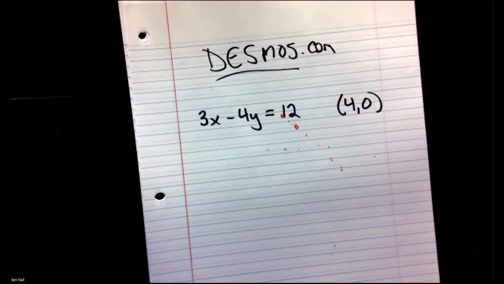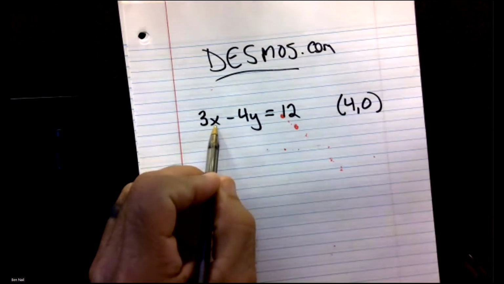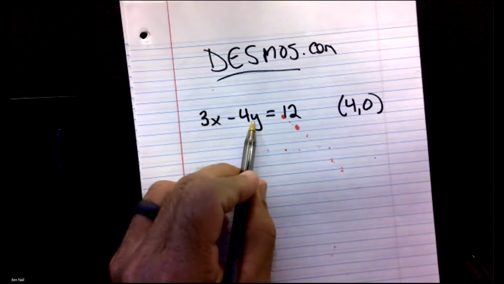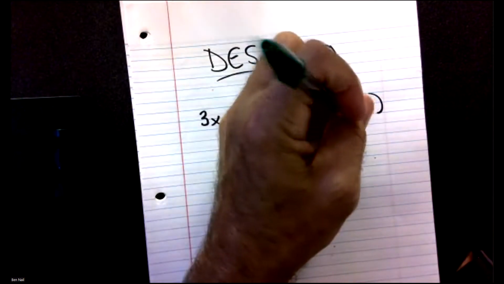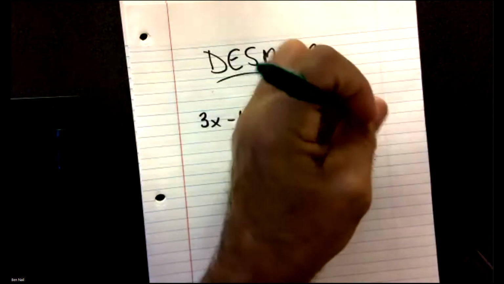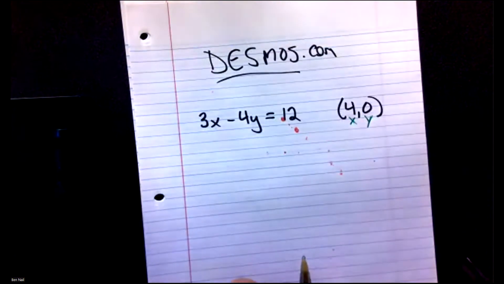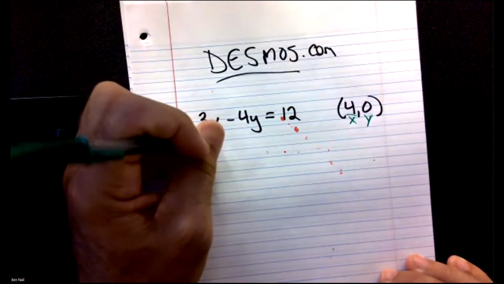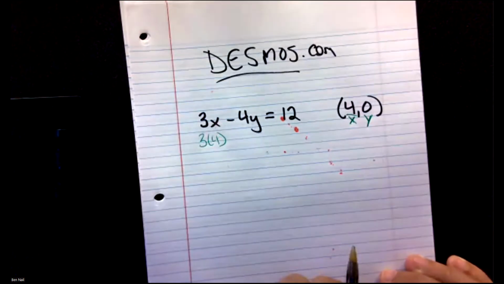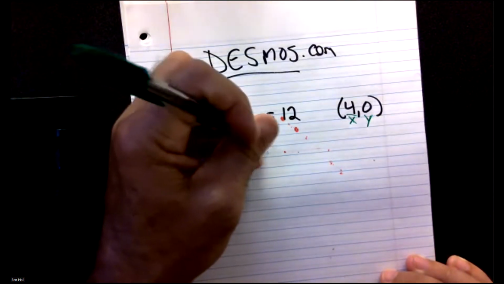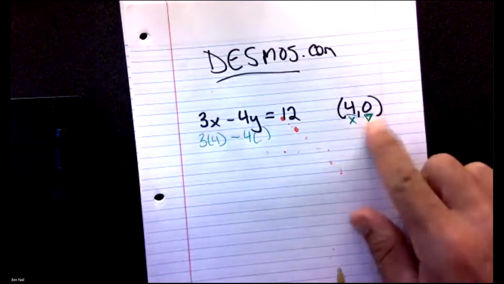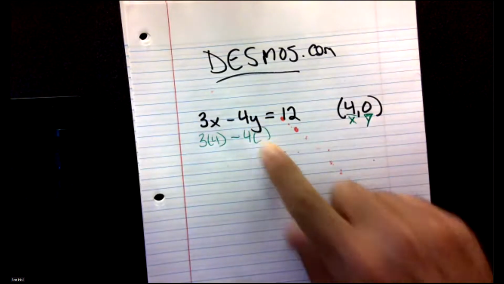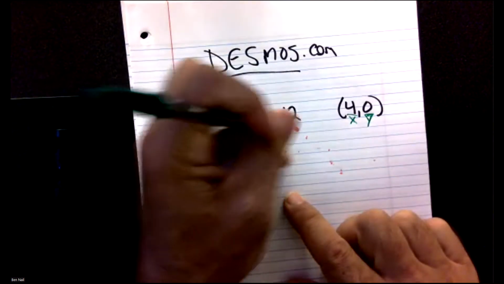So again, make sure you're paying attention to which variable is which. They're not always in the right order. But in this case, X is here, Y is here. Remember, this is an ordered pair. X always goes first, Y always goes second. So make sure you plug the X coordinate into the X of your equation. Likewise, make sure you're plugging Y, the Y coordinate, into the Y value of your equation.